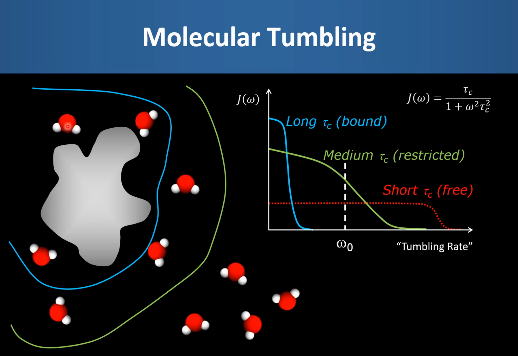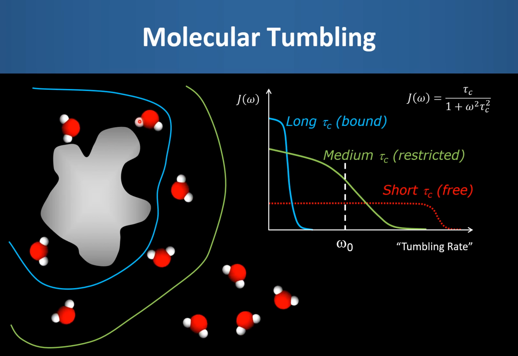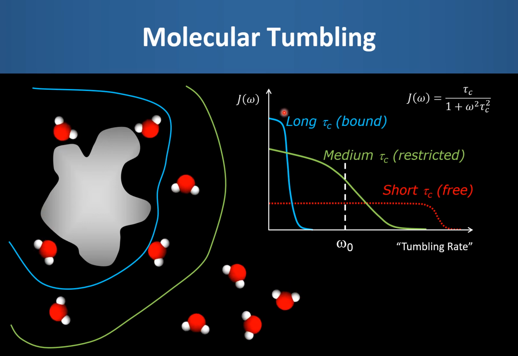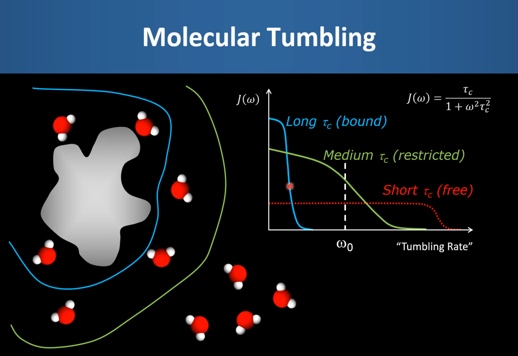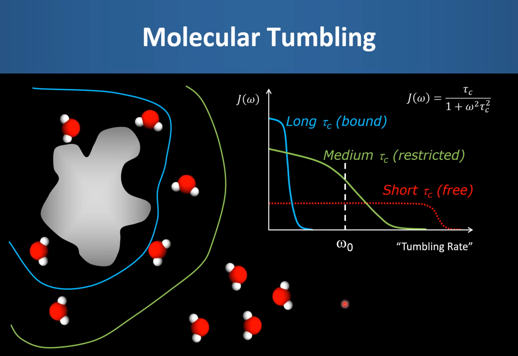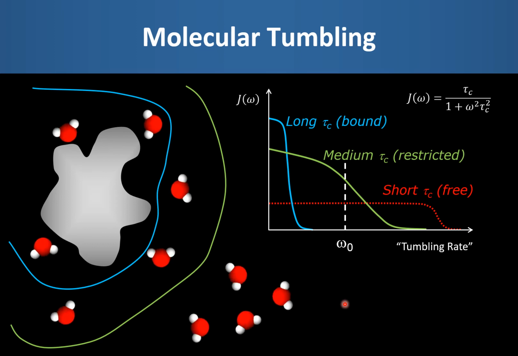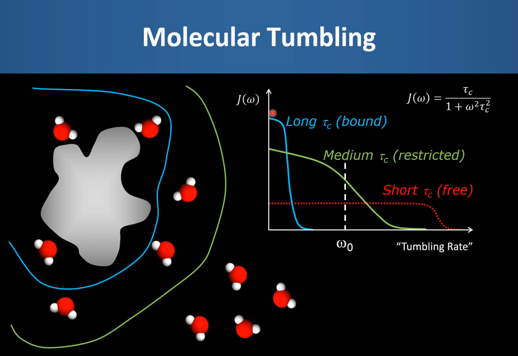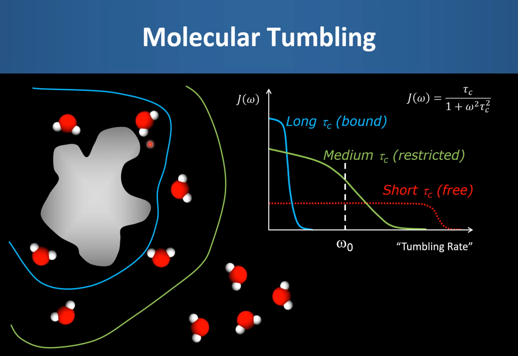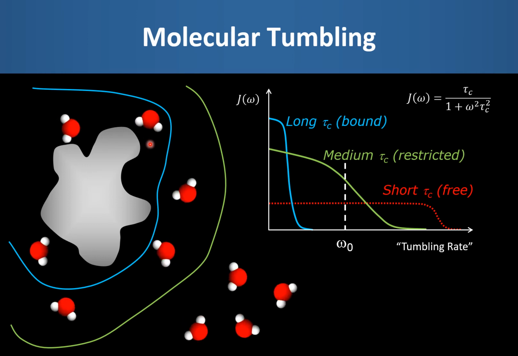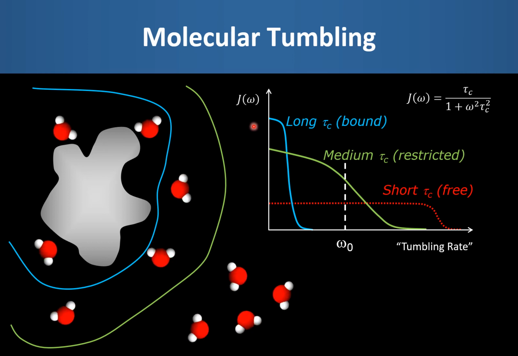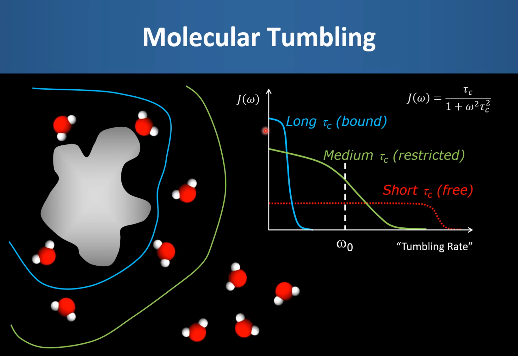Whereas if we look at the protons which are bound to macromolecules here, they tumble very slowly. Again, we have this kind of distribution with probably only a very tiny number that happen to be tumbling at the Larmor frequency. So for protons that are bound to macromolecules, the T1 relaxation is again very inefficient, and the T1 relaxation time is quite long.